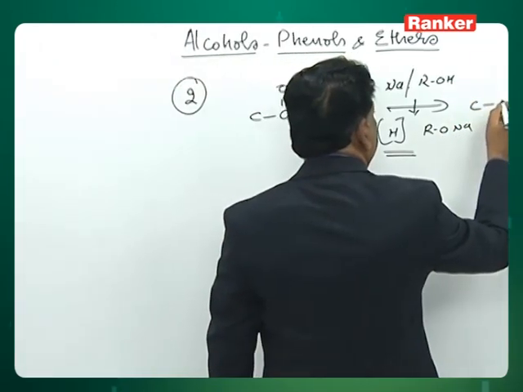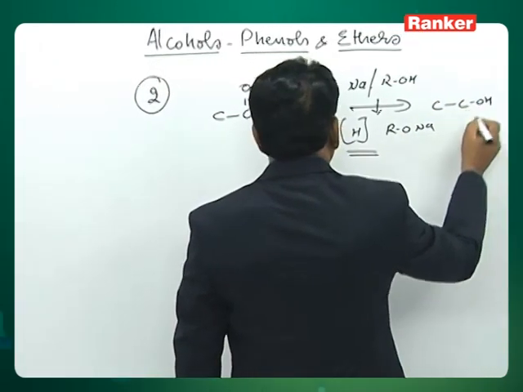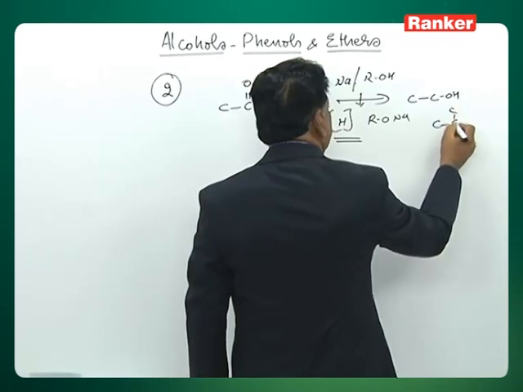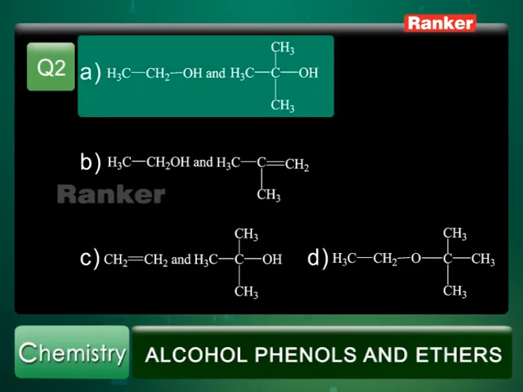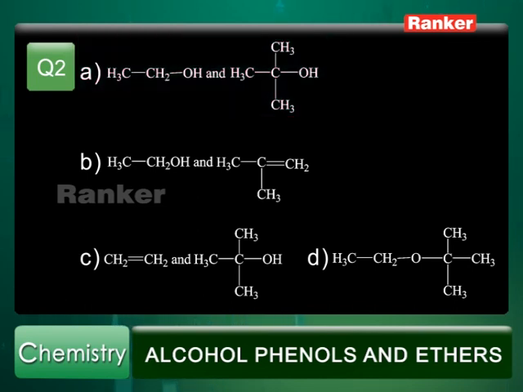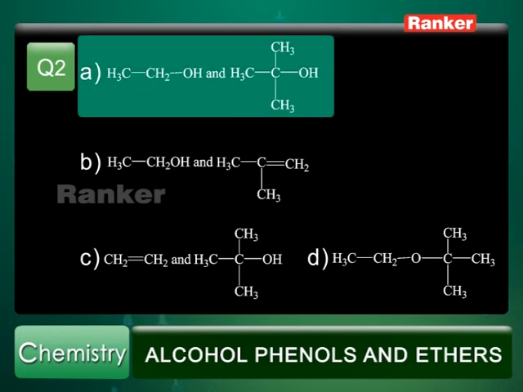So ethanol is formed, one product. Tertiary butyl is also converted into the alcohol. So therefore option A is the right answer. It's a specific name reaction, rarely mentioned in some books as Bouveault-Blanc reduction.